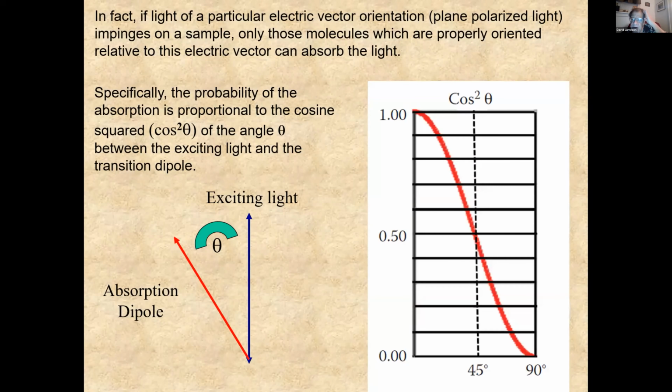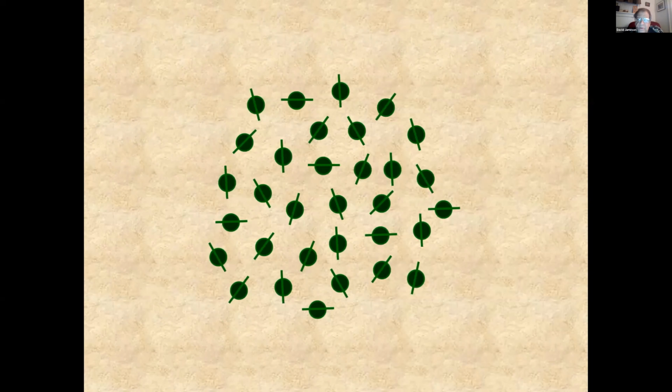And this is how that function goes. We can see that it falls off rapidly when we go to larger angles. If we start at 0, collinear, but even at 45 degrees, we have a 50% probability. So molecules that aren't oriented totally parallel are still going to absorb the light.